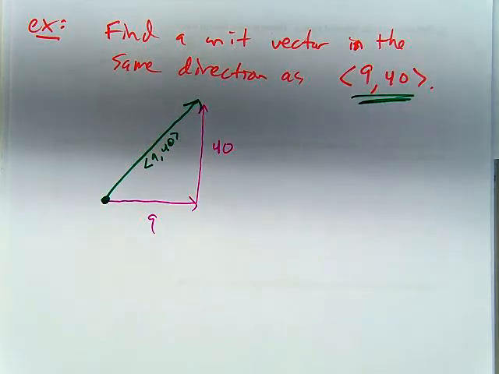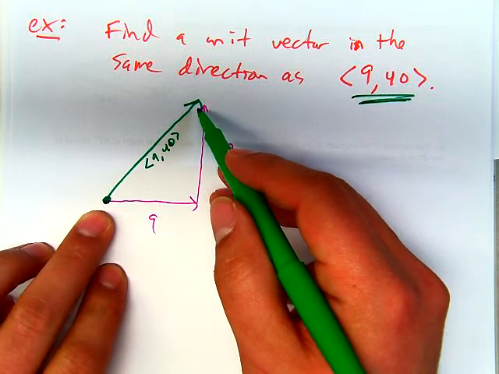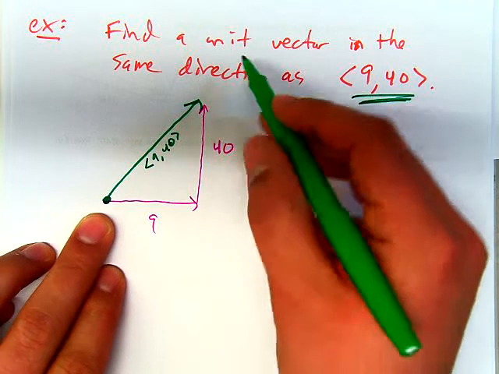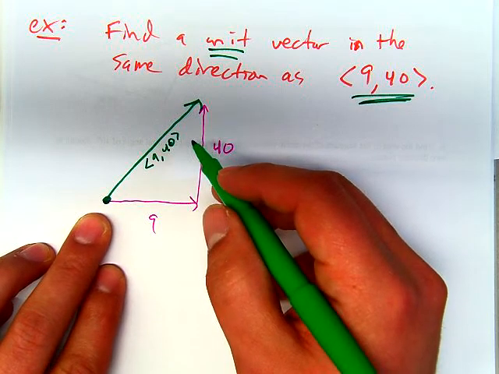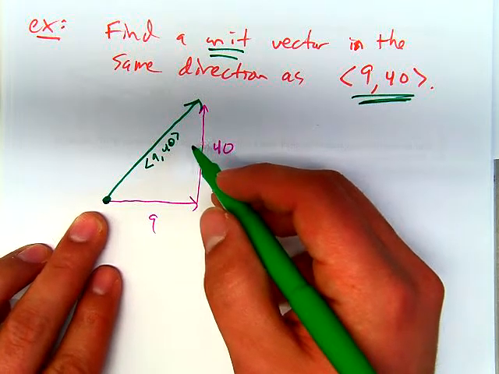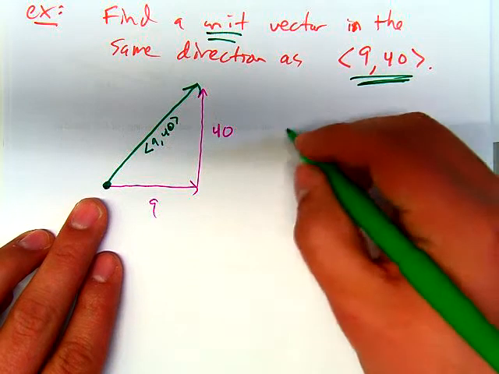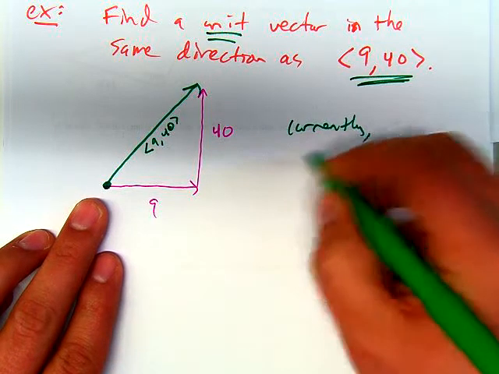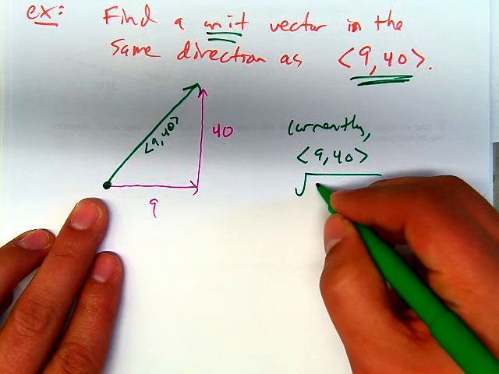Now, the goal here is to take this vector and to find a vector that's only 1 unit long in the same direction. The easiest way to do that is first to figure out how long this vector is. So currently, for the vector 9, 40, if I square 9, you get 81.